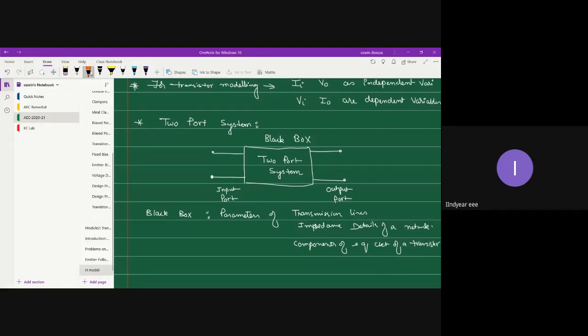So we are going to go for the third one, components of the equivalent circuit of our transistors.